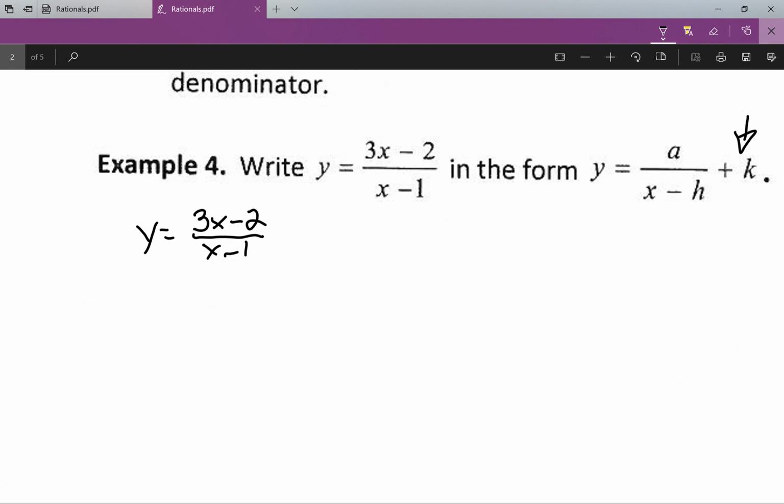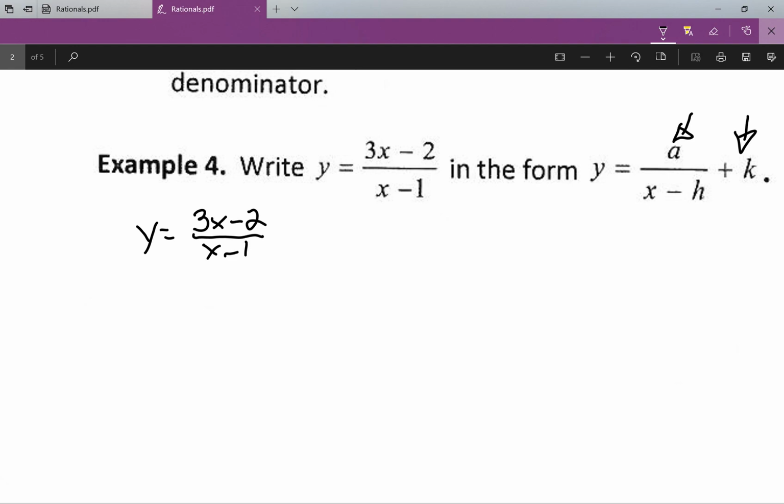You'll notice that in my top right here, there's no x minus 1 factor. So what I need to find a way to do is cancel that x value off the top. But that x value is attached to a 3. So to cancel it off, I need to find a way to get that x minus 1 factor.